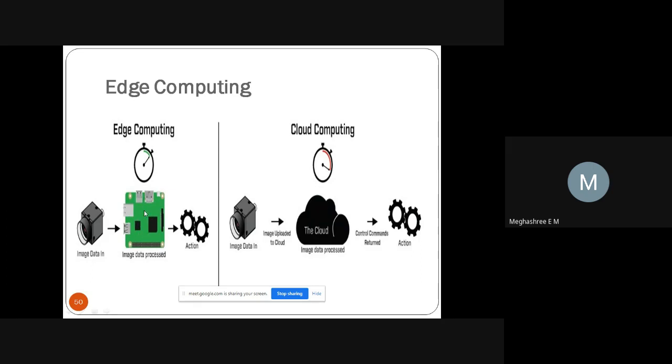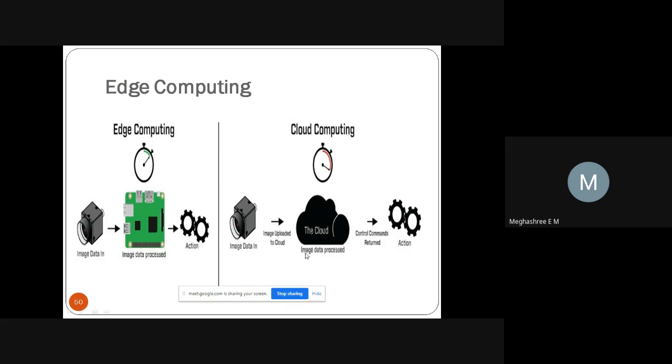That is, an integrated circuit that is embedded into this smart device. So small processing is done at this level itself, which we call edge computing. That is, the computing or the processing which happens at the endpoint level itself is called edge computing.